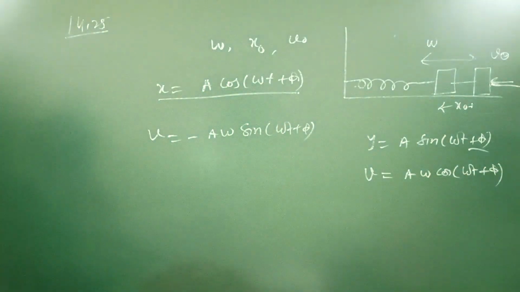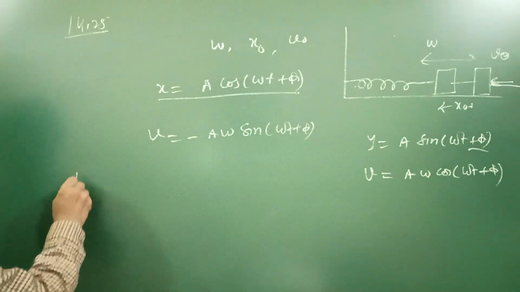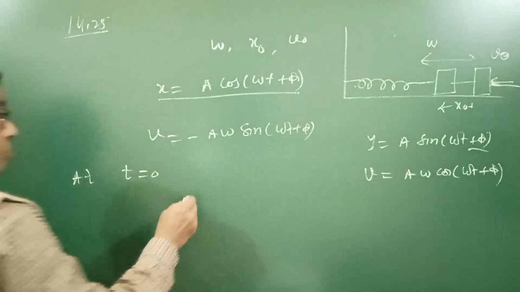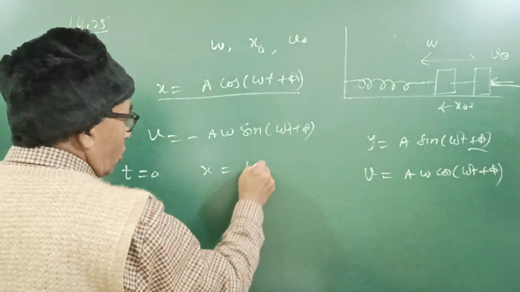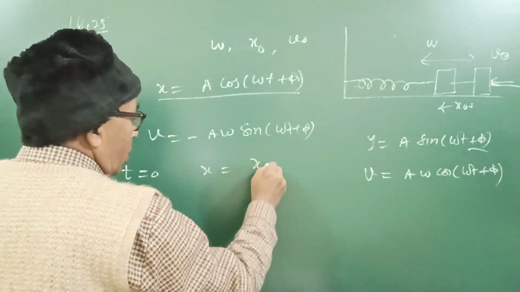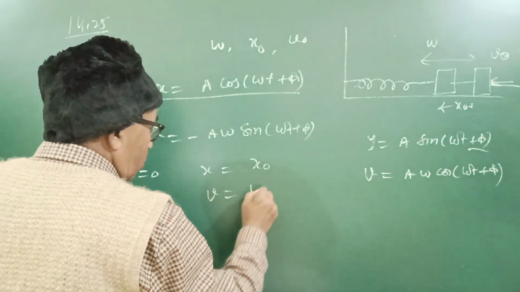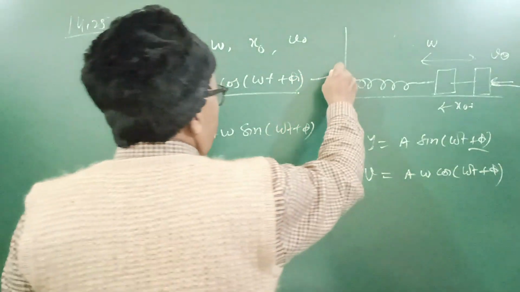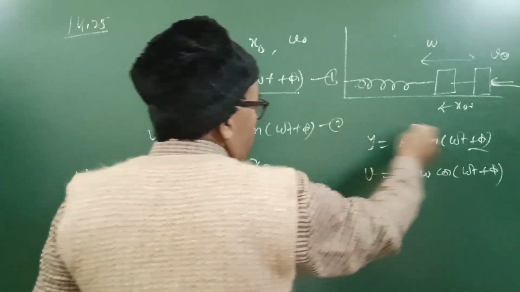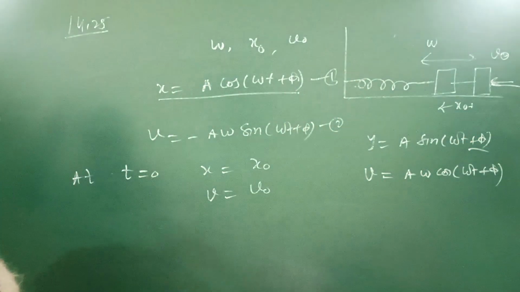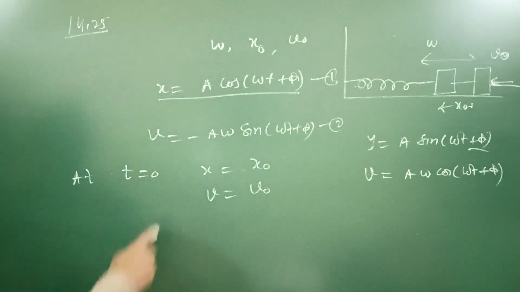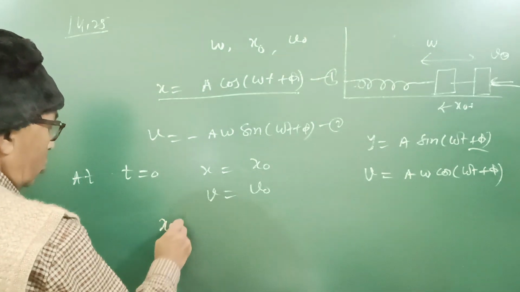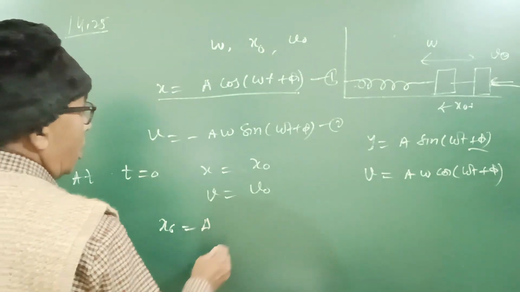Now it is said that at t equal to 0, x equal to x0 and v equal to v0. Whether you use this equation 1 or 2, you will get the same thing. So putting x equal to x0 at t equal to 0 here, x0 is equal to a cos phi.